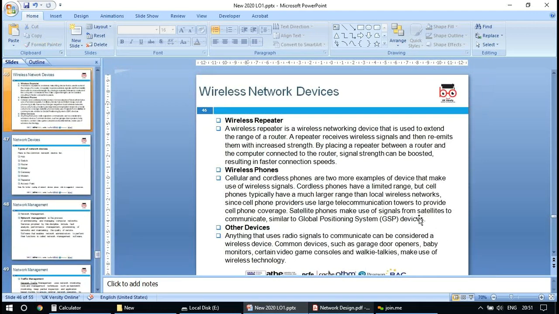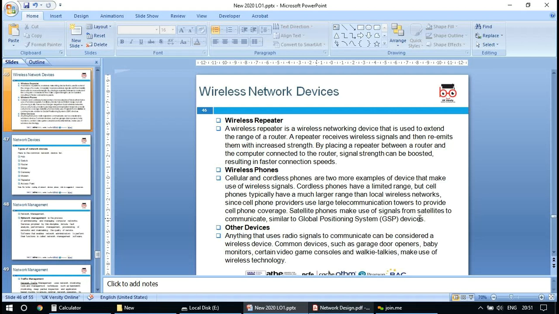Then other wireless network devices are wireless repeaters. They regenerate the signals to extend the range of the router. Wireless phones themselves are called wireless network devices.